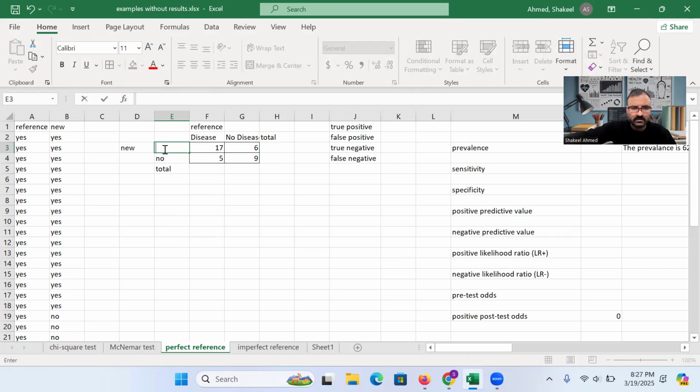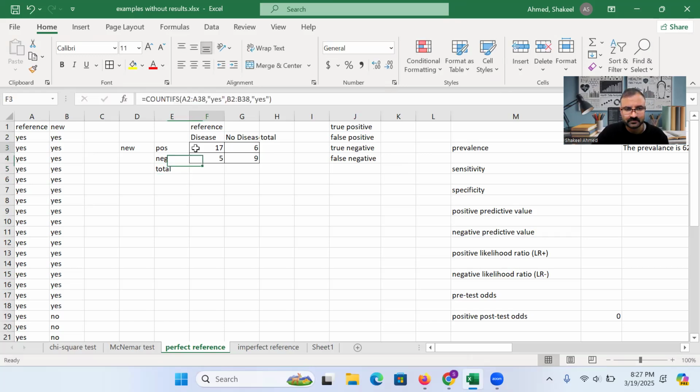You can't use the sign, because it becomes a formula, so you can just write positive and here negative.